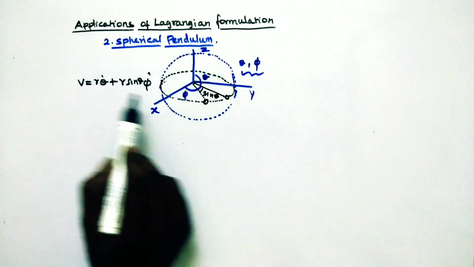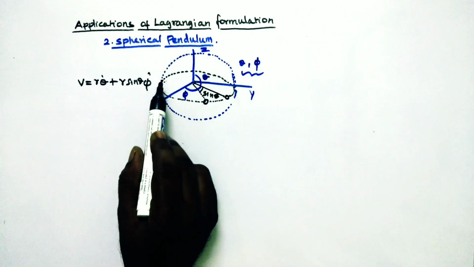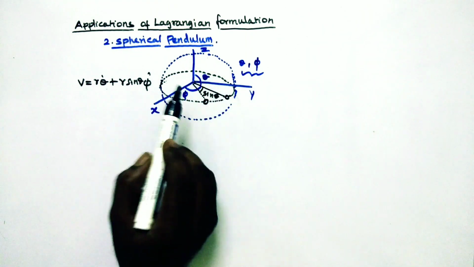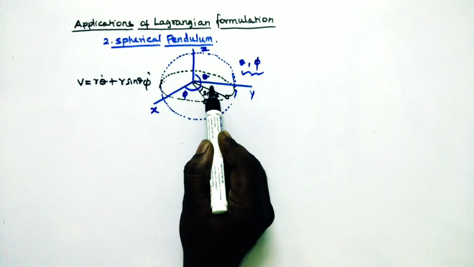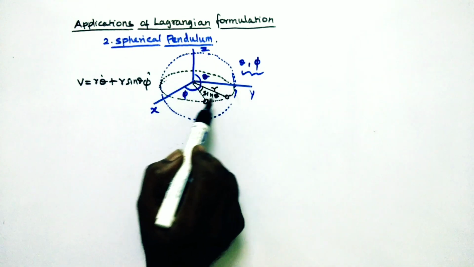So this is the velocity of the particle moving along a circular path on a sphere. Here r is the radius of the sphere.